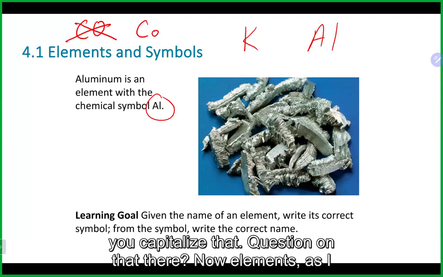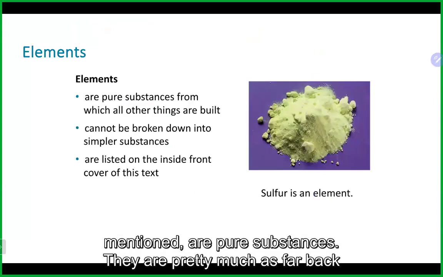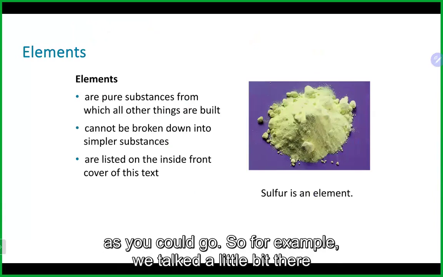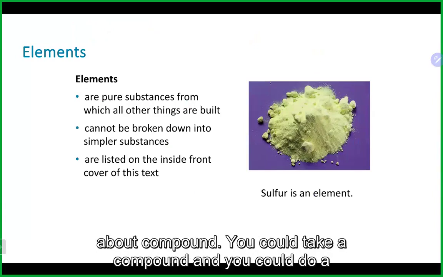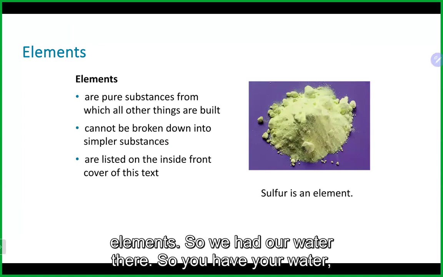Question on that there? Now, elements, as I mentioned, are pure substances. They are pretty much as far back as you could go. For example, we talked a little bit about a compound. You could take a compound and do a chemical reaction with it, and you could break it back into its elements. So you have your water.